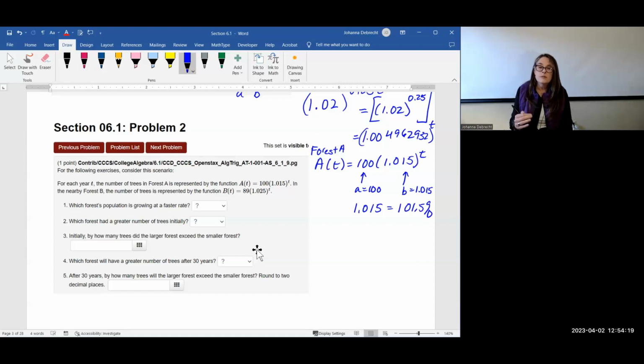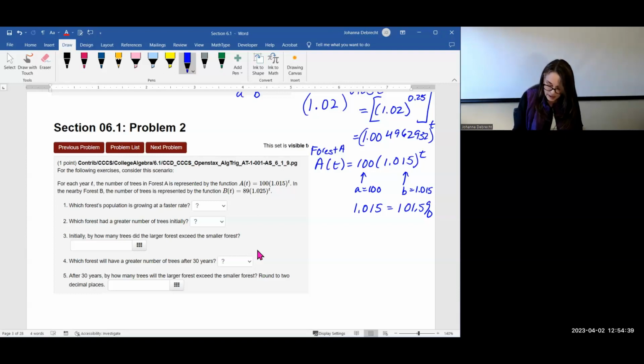So the 100 means whatever was there before is still there, plus I've added 1.5% every time. So the amount that's going to be there is actually increasing each time. It's not the same every time. It's 1.015 of what was there the previous time.